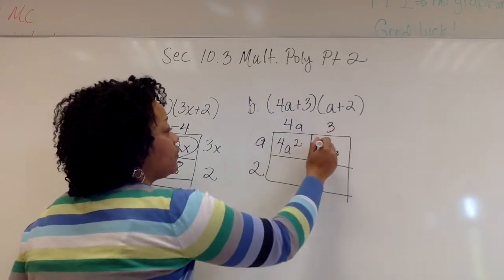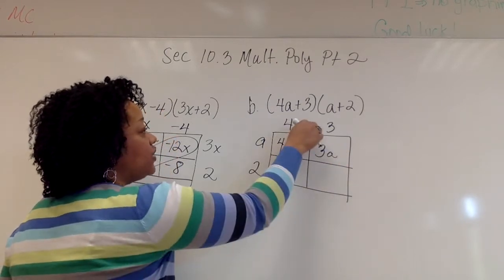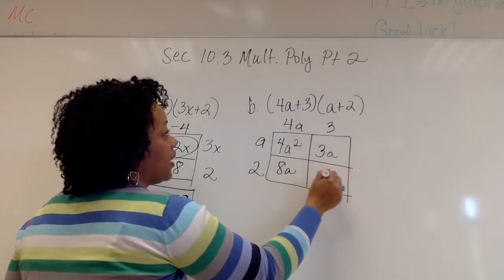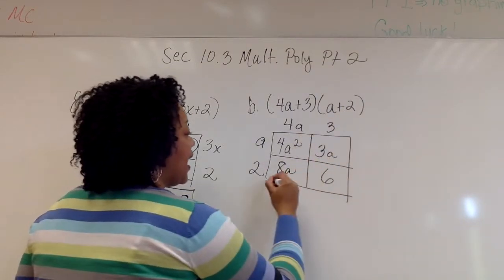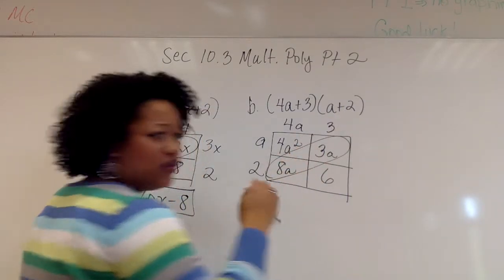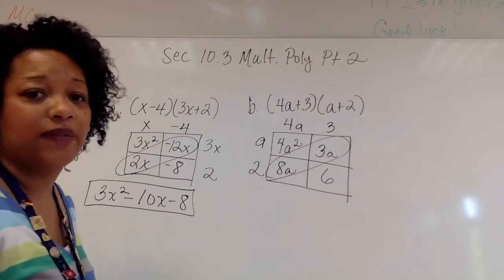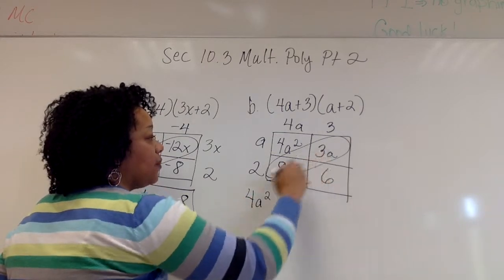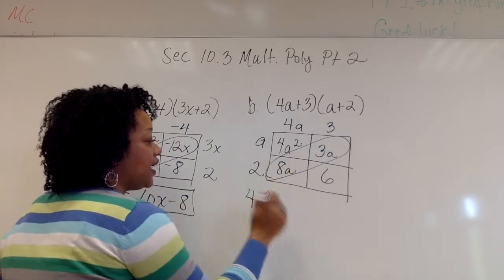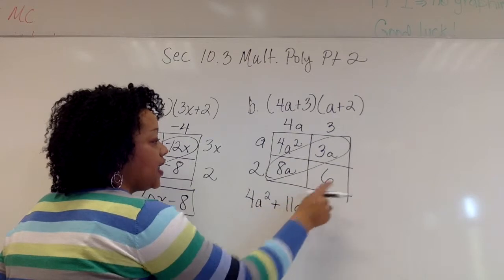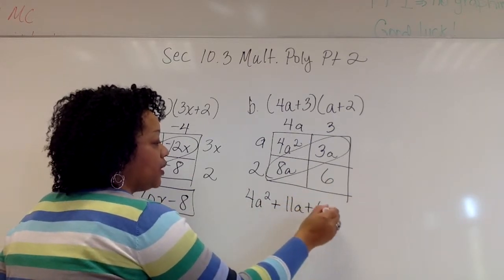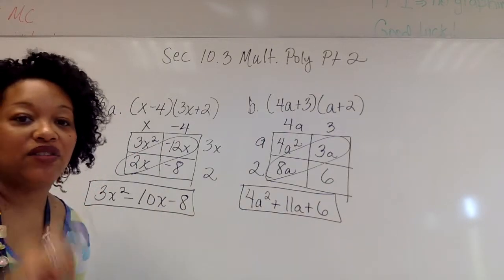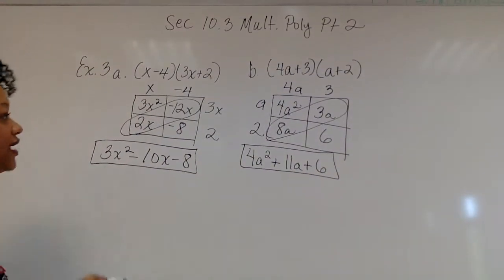A times 3 is 3a. 2 times 4a is 8a. 2 times 3 is positive 6. I identify my diagonal, so I want you to circle it, highlight it, do something. And then you bring down your first box. Combine your like terms. 3a plus 8a is positive 11a. And then you bring down the bottom term, positive 6. There's your answer.